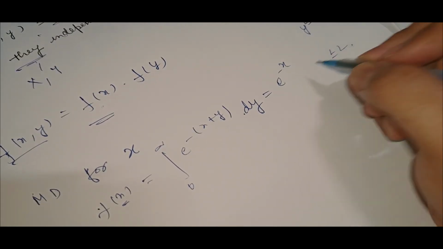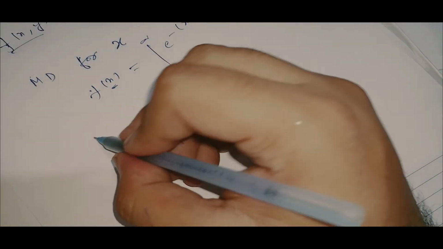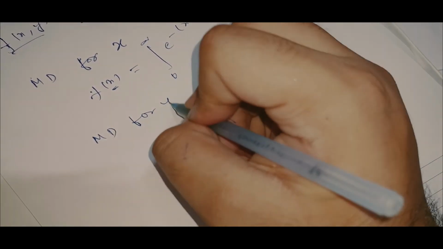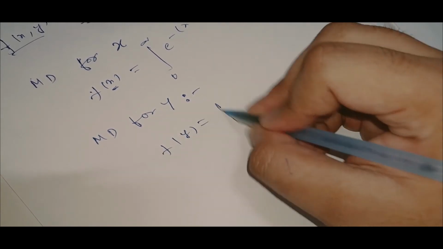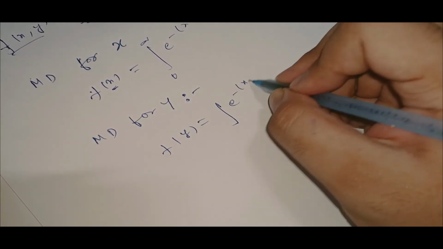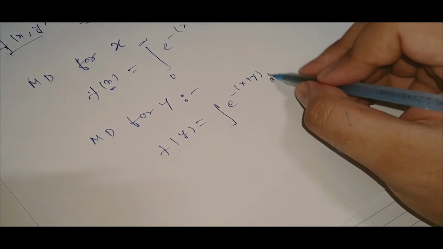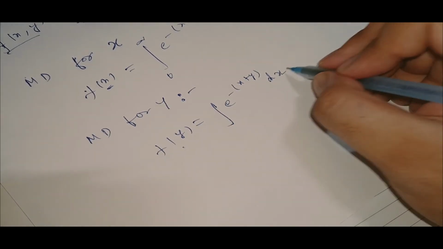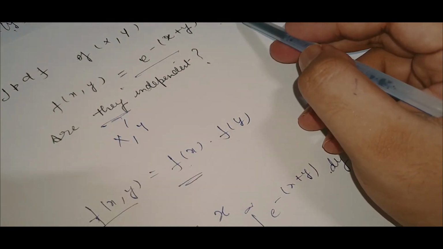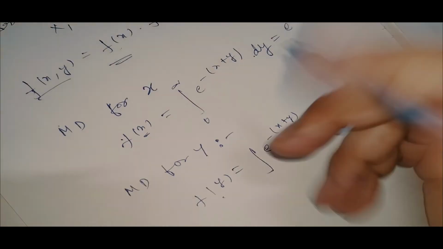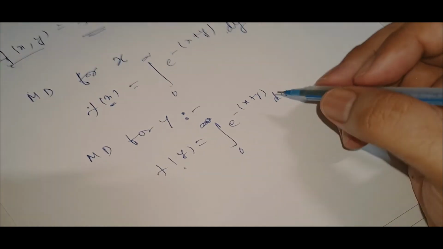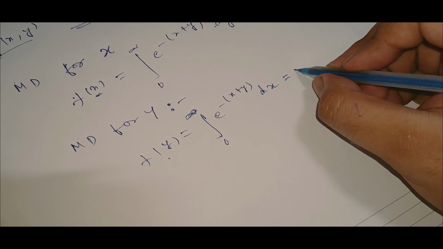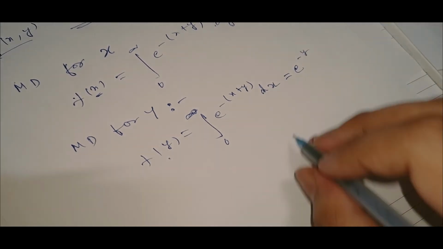Now the marginal density for y, f of y, is the integral of e to the minus (x plus y) with respect to x, and the limit of x is from 0 to infinity. If we calculate this, we will get e to the minus y.